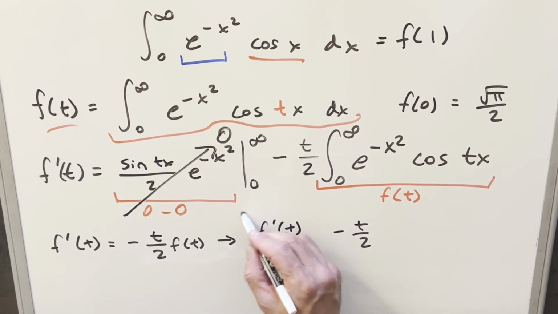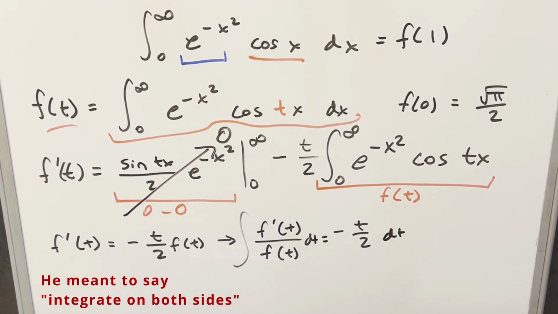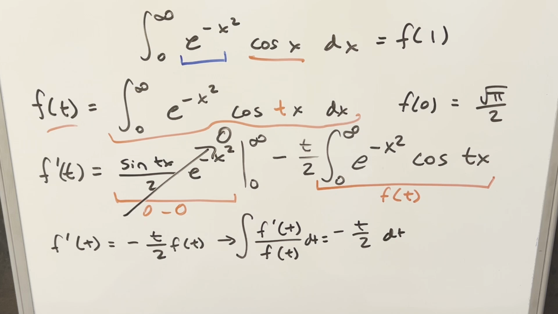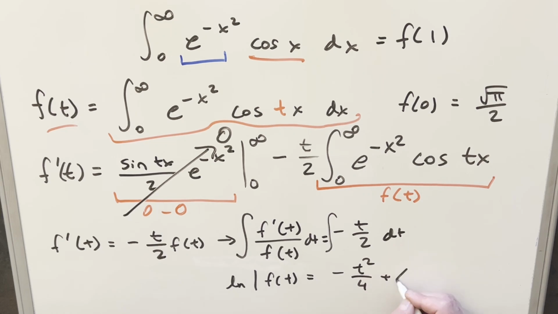So what I can do then is integrate on both sides with respect to t. On the left side, you could do a u substitution, u equals f of t, and you have your du right here in the numerator. What that means is this is actually going to become just natural log of the absolute value of f of t. And sorry, we want to have an integral sign over here, of course. So we integrate this, we're going to have minus t squared over 4 plus c.